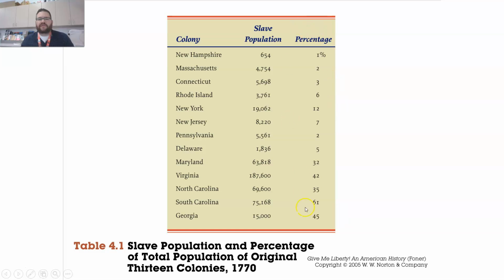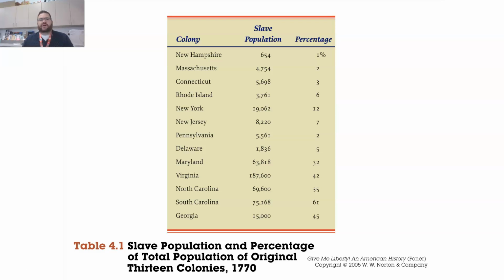This column will give us the percentage of the population of that colony that is made up of slaves. So we can see that 1% of the New Hampshire colony's population is slaves. Whereas if we go down to South Carolina, 61% of South Carolina's population is made up of slaves.